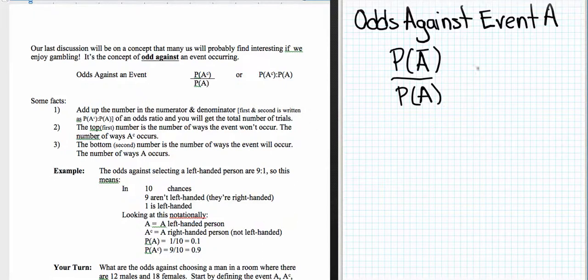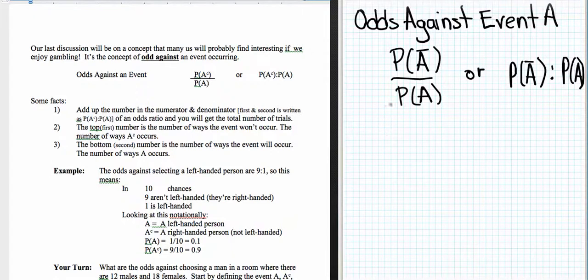Now, because these are ratios, we can talk about them like that, or we can talk about them like this, as a ratio written with the colons. So either way is acceptable, but because we are dealing with probabilities, which are numbers, we tend to revolve around this fractional representation.